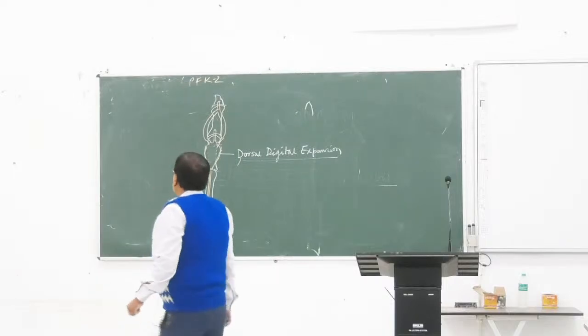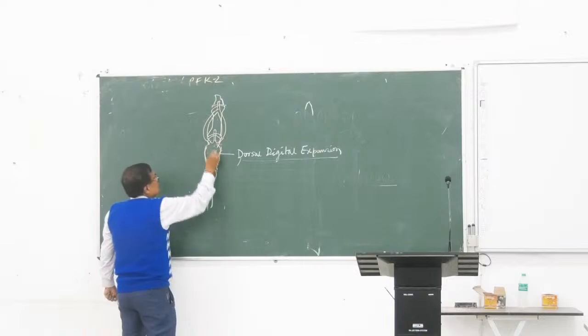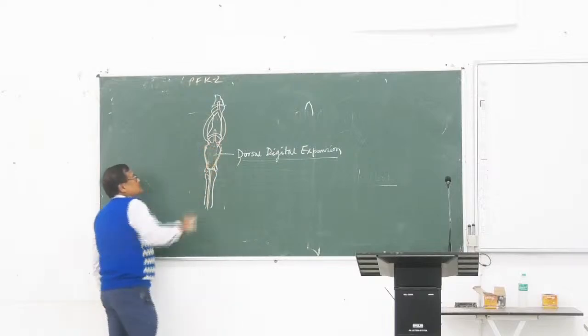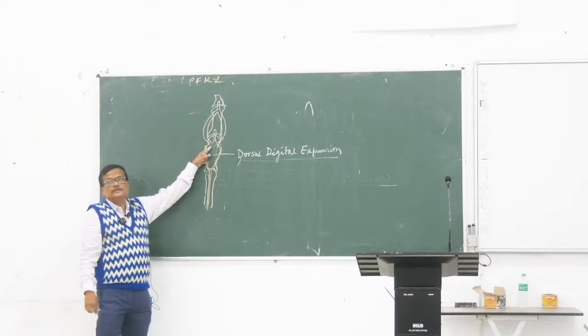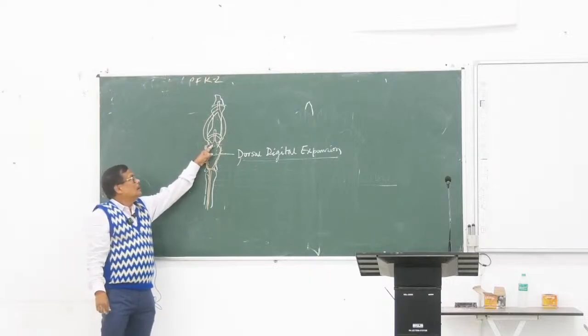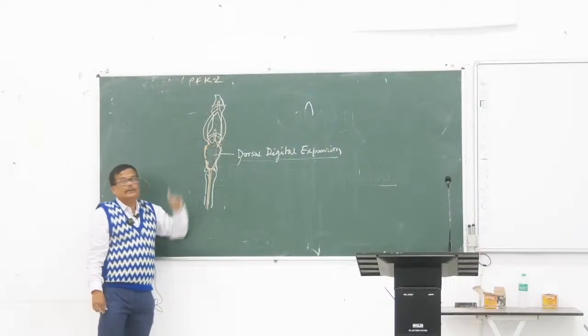So this is the dorsal digital expansion, this is the base, this is the apex, triangular. How does it insert? It trifurcates into one medial band and two lateral bands.